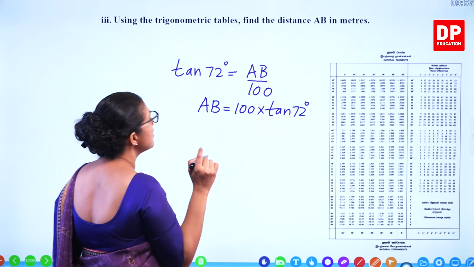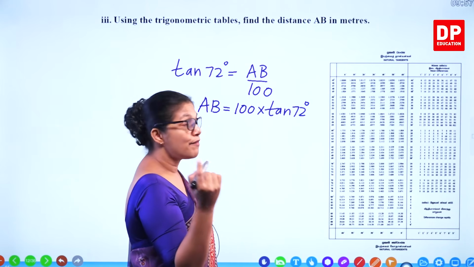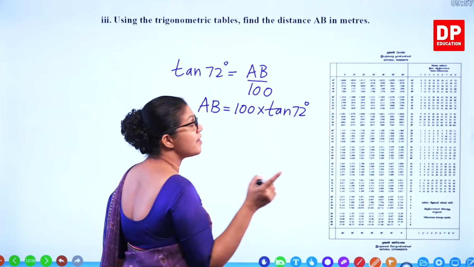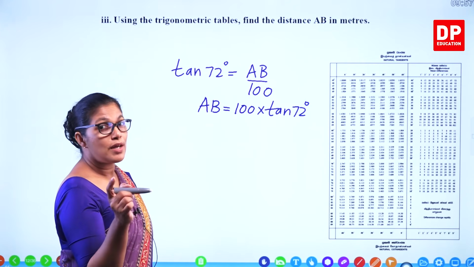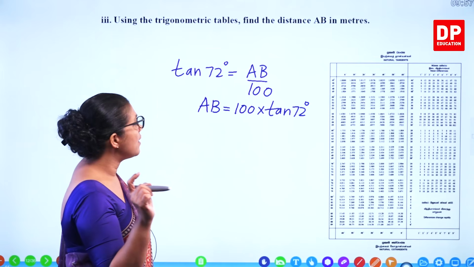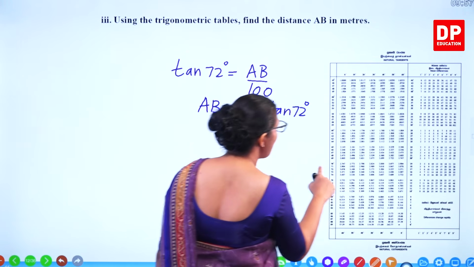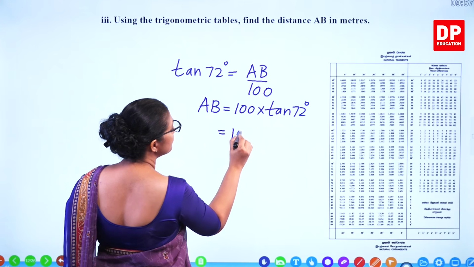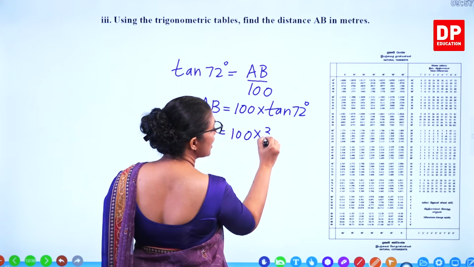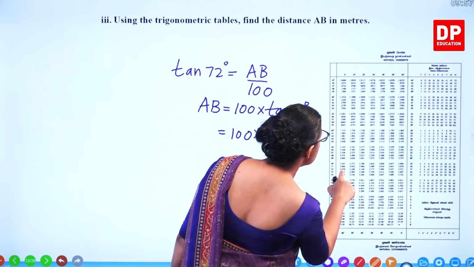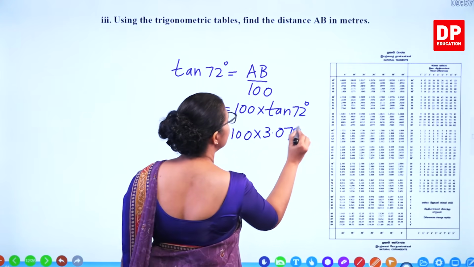So what is tan 72? So you can refer the tangent table. When you are referring these values, make sure that you use the correct table. Tan value, tan 72, 3.078.